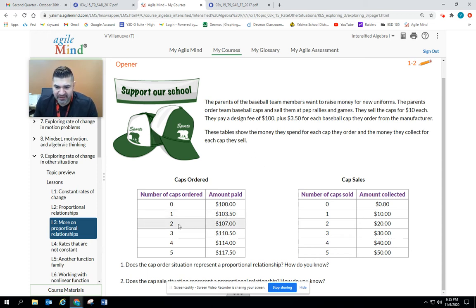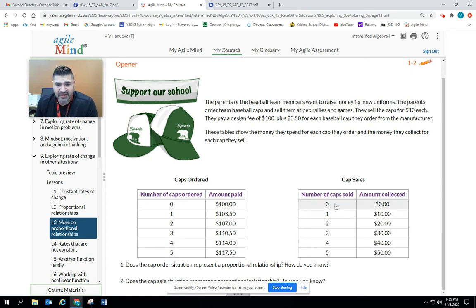Each time they're adding, let's see, it looks like they're adding $3.50 for every cap that they order. Okay, so to make 1, it's $103.50. To make another one, it's going to be another $3.50. And to make another one, it'll be $110. Just to make 3 caps will be $110.50.